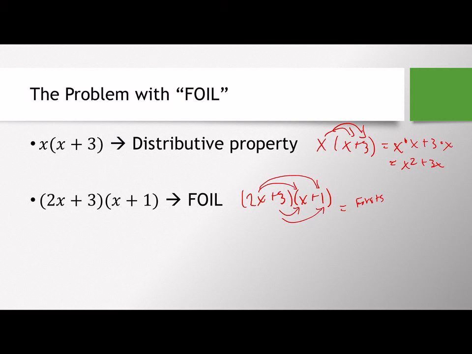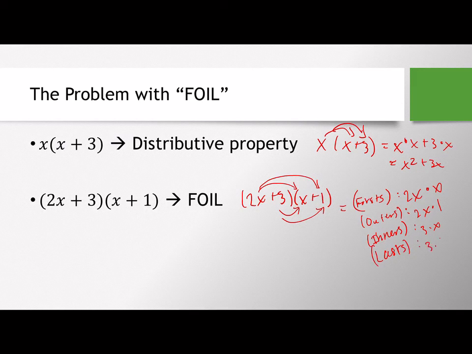So you have first, which is going to be my 2x times x. Outers, which is going to be my 2x times 1. Inners, which is going to be my 3 times x. And lasts, which is going to be my 3 times 1.